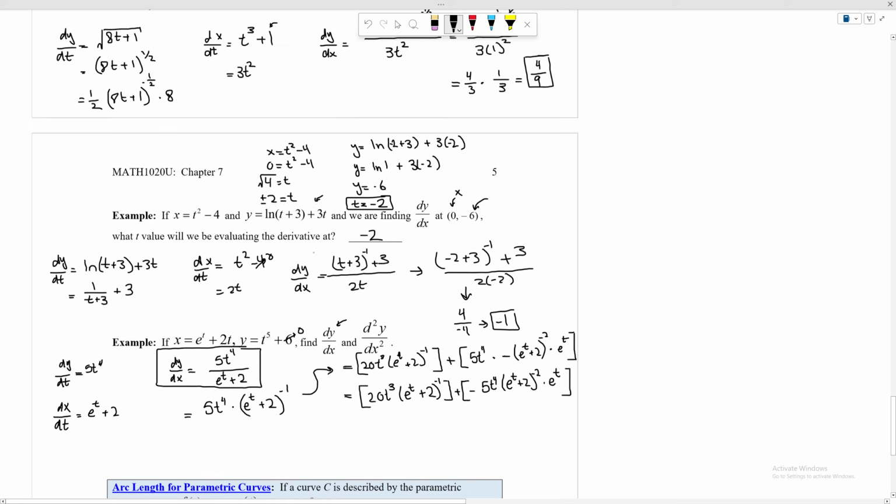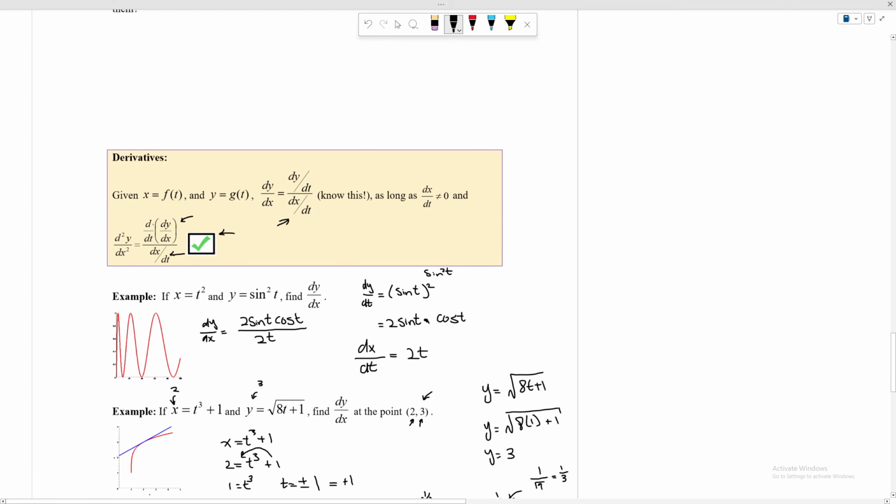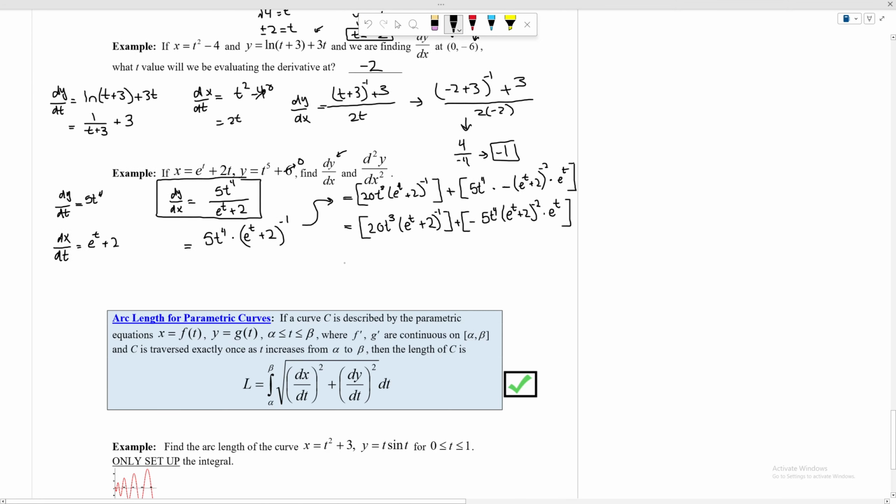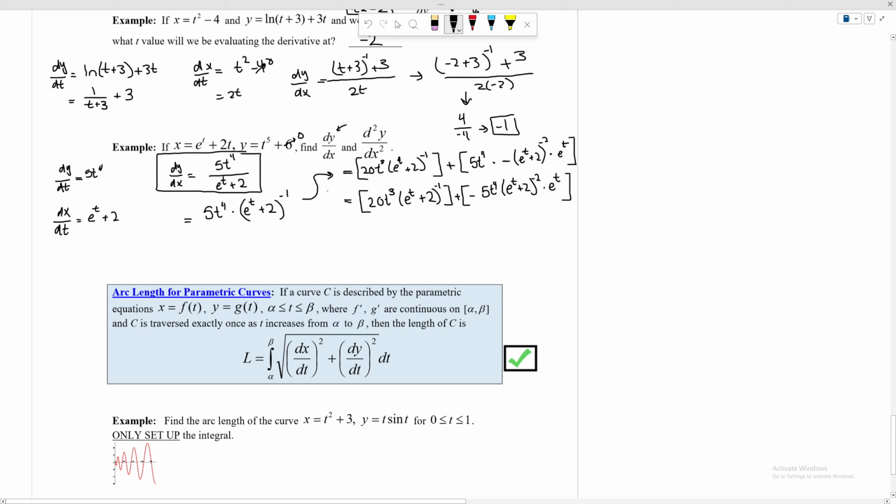And so our equation says it's the second derivative of this over that. So if I want to get my d2y/dx2, this whole thing I'll just have to divide by my dx/dt.